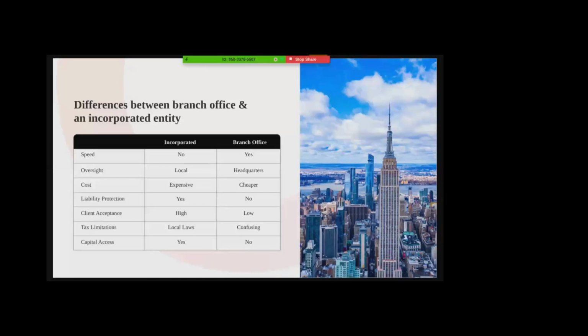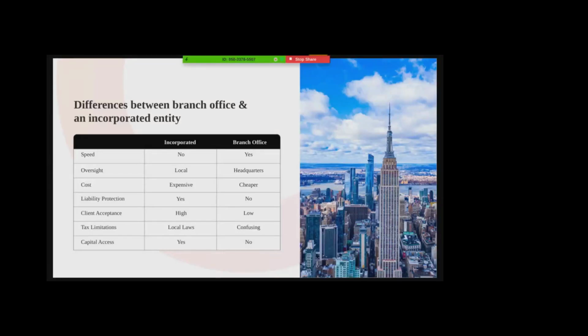So here are the major differences. What happens when you have an incorporated entity and a branch office? The speed of starting your operations is better in a branch office. Whereas if you want to incorporate an entity, it takes a few business days to start. In the branch office, it is zero. You can start from day one.